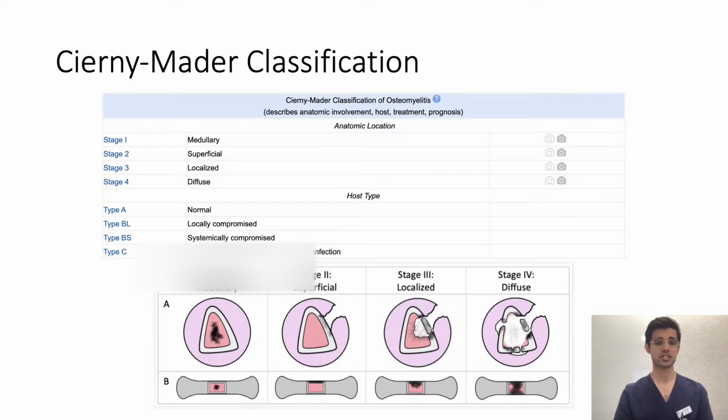So here's just a graph depicting where it's generally the long bones this is talking about, where the infection is, and then the host type. There's a table that you can look up with different things such as nutrition status and immunocompetency of the host, and you can break it down by subtype there. And there are some directions for management when you break it down by this Cierny-Mader classification.